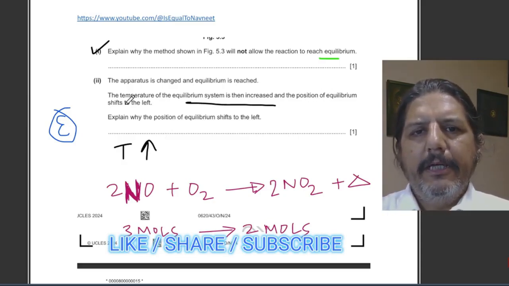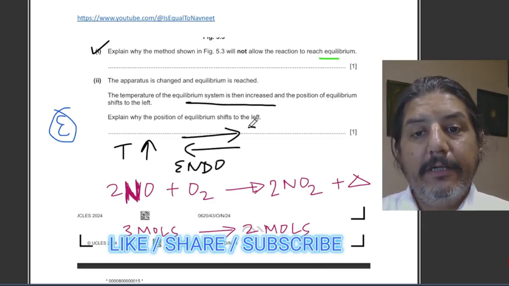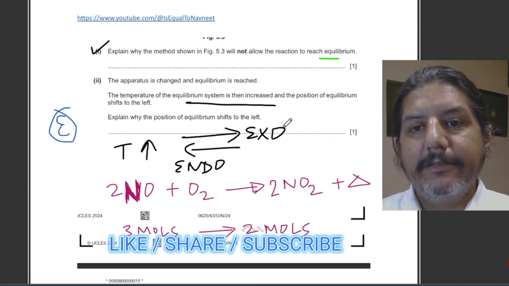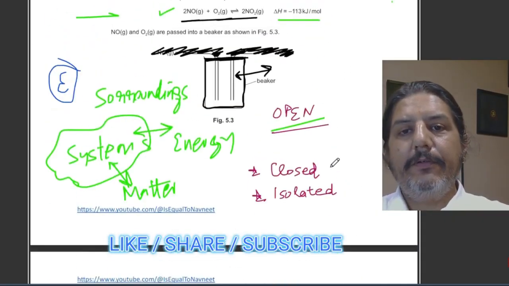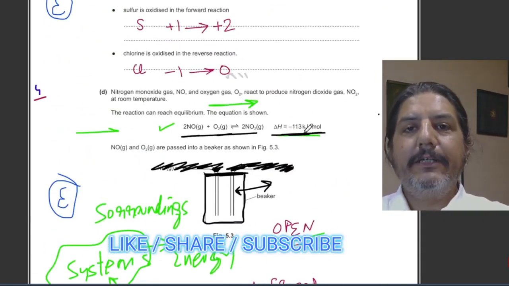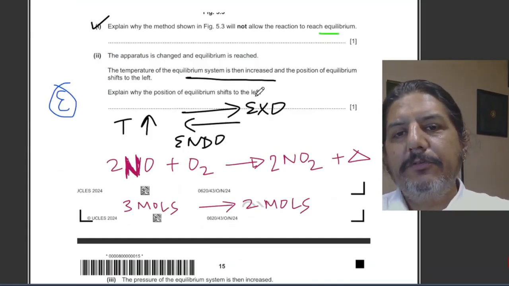So if the equilibrium shifts to the left, that implies that the left is endothermic, and therefore you can deduce that the forward reaction is exothermic. So the position of equilibrium shifts to the left because the forward reaction is exothermic.